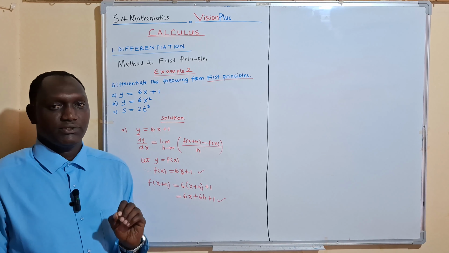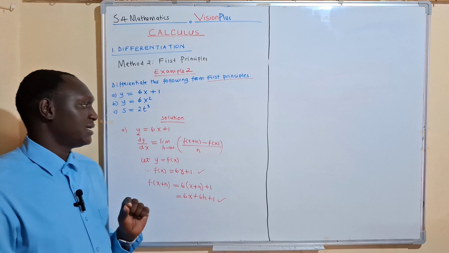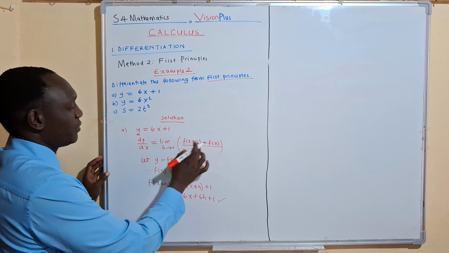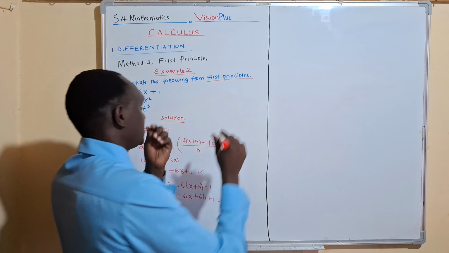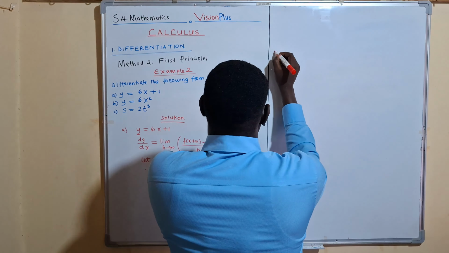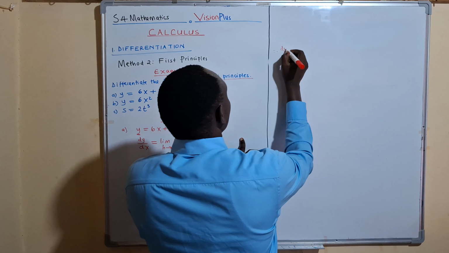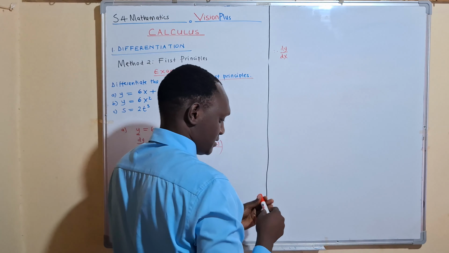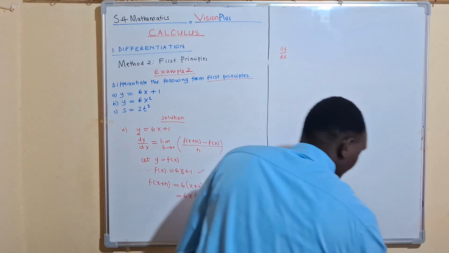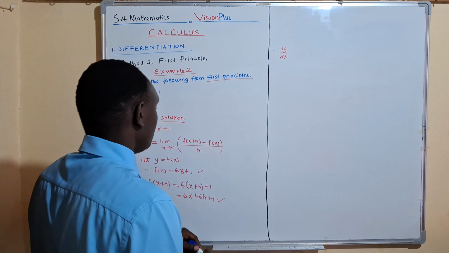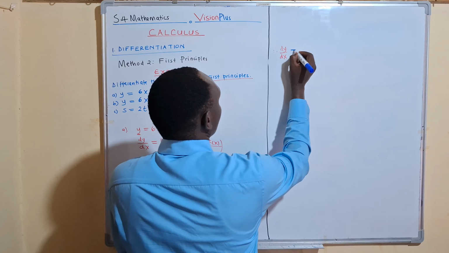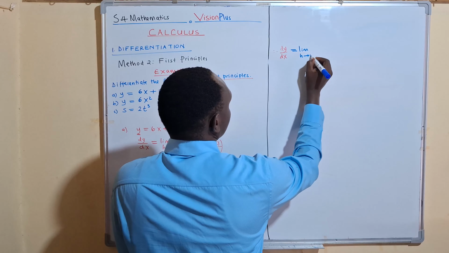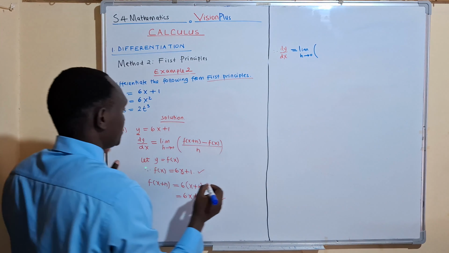This is now our function f of x plus h. After getting the function f of x plus h, then simply we need to substitute in the formula because we have the terms that we need. So we come and say, therefore, dy dx equals the limit as h tends to 0 for the functions.